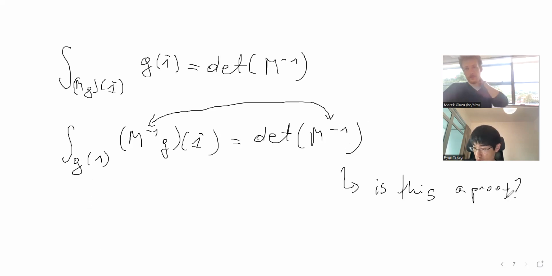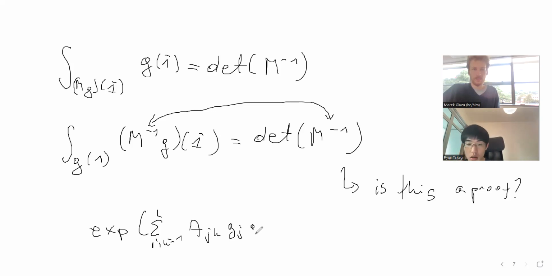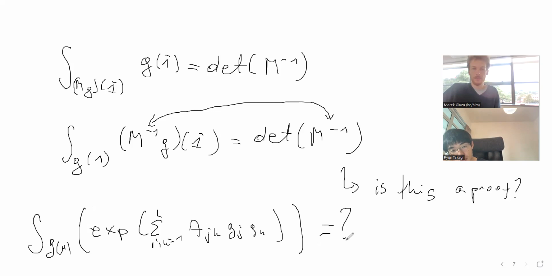So my point for this session is that those questions are not really asked, but I think it's quite important because when we start taking exponential functions of quadratic forms of Grassmann numbers, so I'm generating matrix A_JK, G_J G_K, we can form also an integral into G mu of this stuff here, and then we can ask what do we get from this.